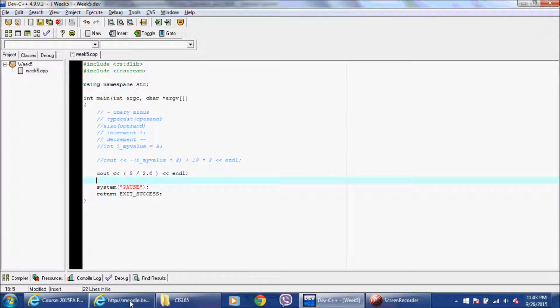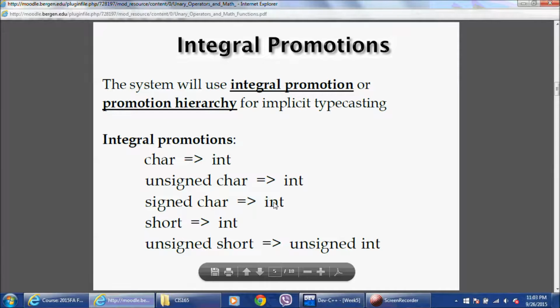If you look at my slide, it shows you what each data type will be promoted to. In this particular slide, it tells you that if you have a char, it's always going to be promoted to an int. If you have a short, it's also going to be promoted to an int in an expression automatically.